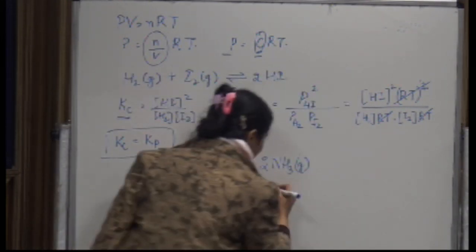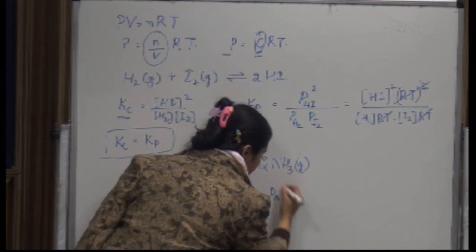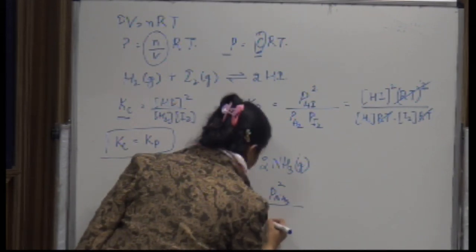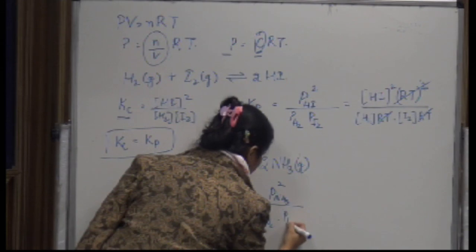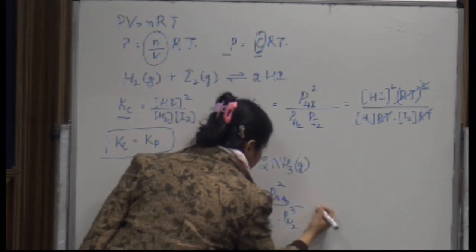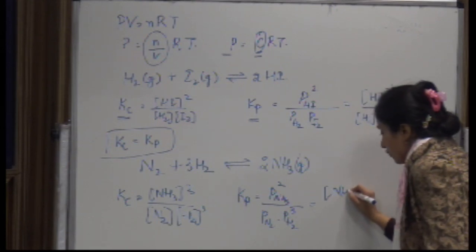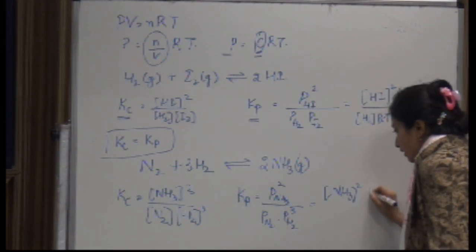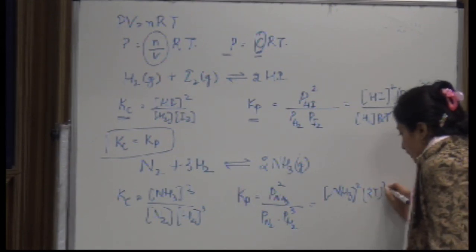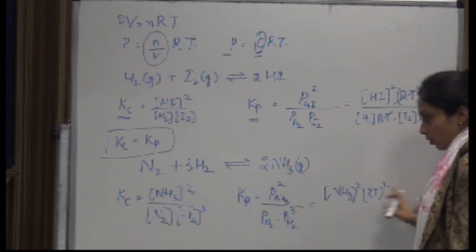Kp will be equal to pressure of ammonia square upon pressure of N2 into pressure of H2 whole cube. Now what is the pressure of ammonia? That is concentration of ammonia into RT, whole square.